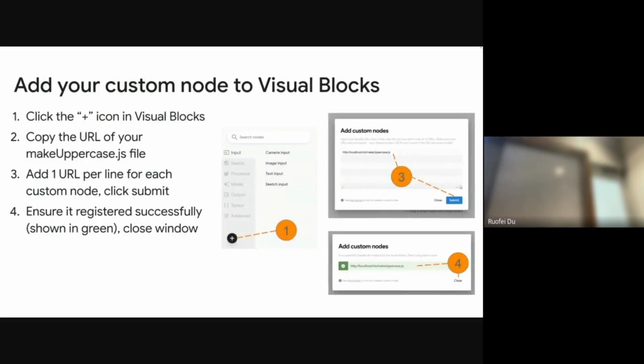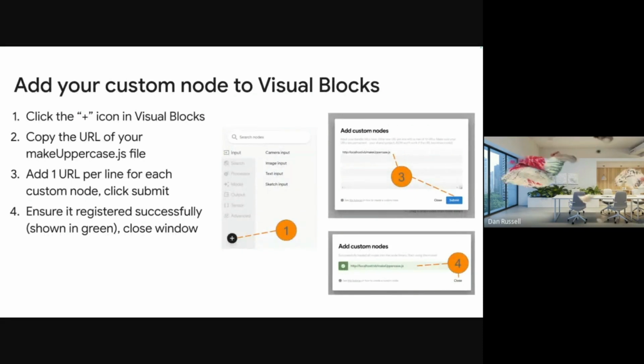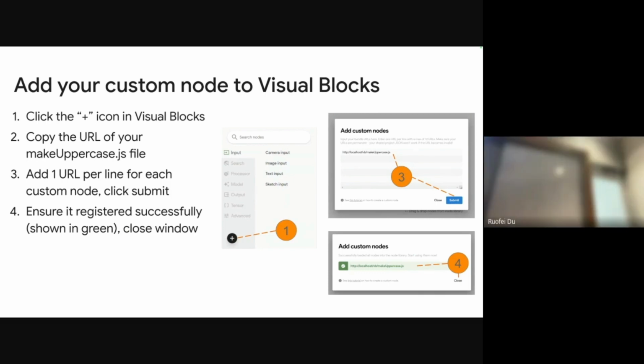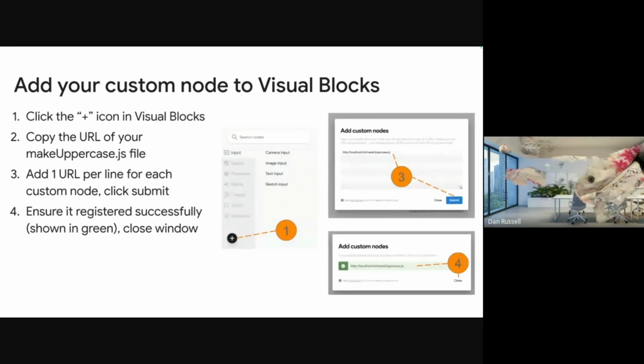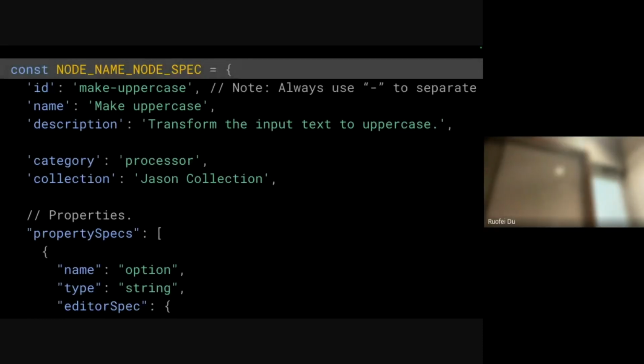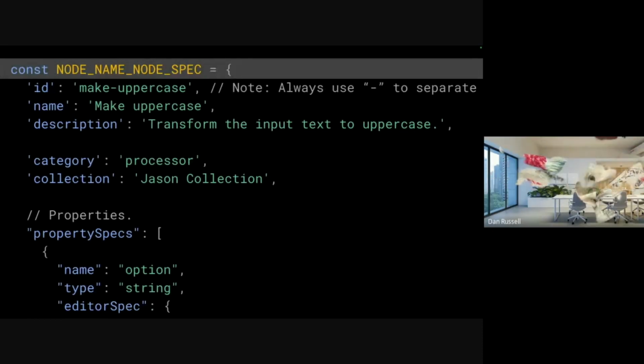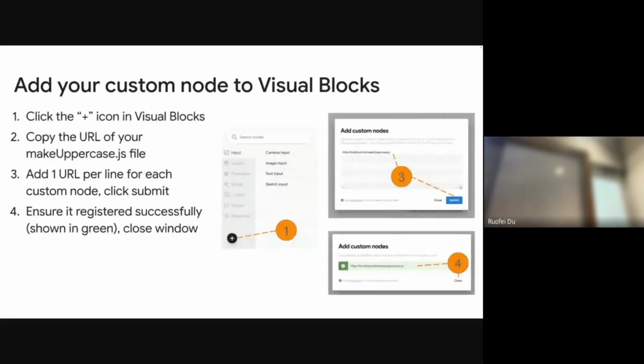You can add new nodes to Visual Blocks right now. You can click the download button, and you can upload a new node through GitHub, and we will incorporate the nodes instantly. There are examples of the nodes we have if you go to our GitHub.